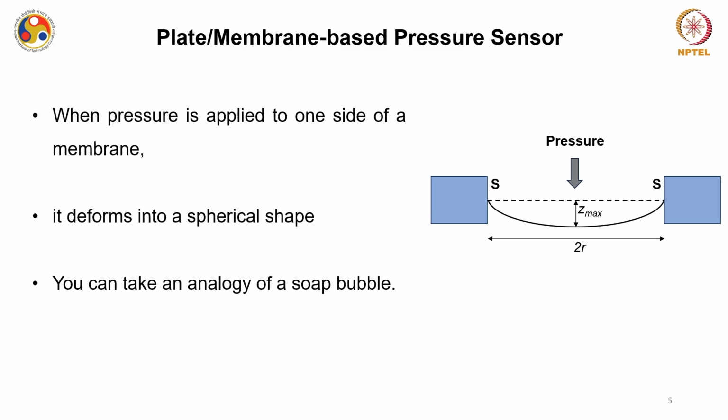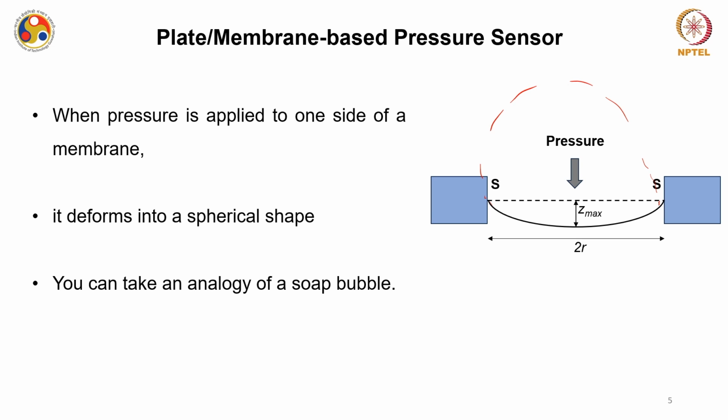When pressure is applied to one side of the membrane, it deforms into a spherical shape. When you apply a pressure to this membrane, it will keep on deforming till it can, and it will actually take the shape of a sphere, very similar to a soap bubble.